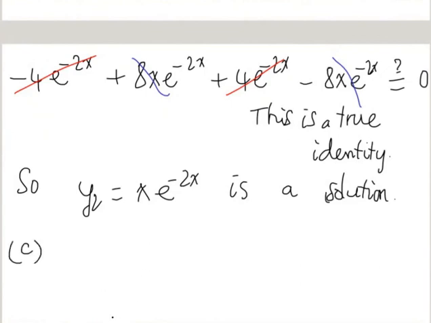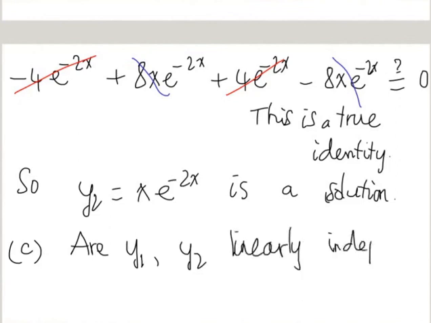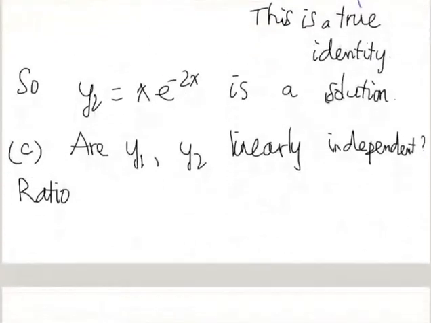Now, we know that y1 and y2 are solutions, but do we know that they are linearly independent? Well, to do that, we need to look at the ratio. If the ratio is not a constant, then yes, they are linearly independent. But if the ratio turns out to be a constant, then they are not linearly independent.